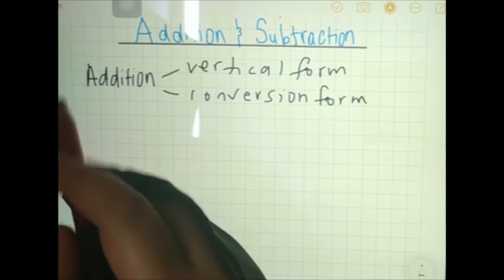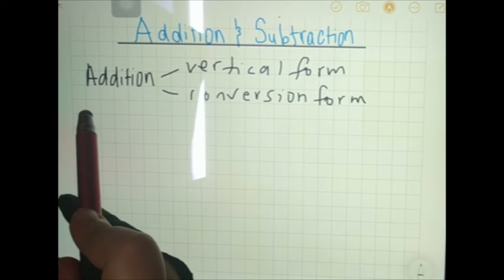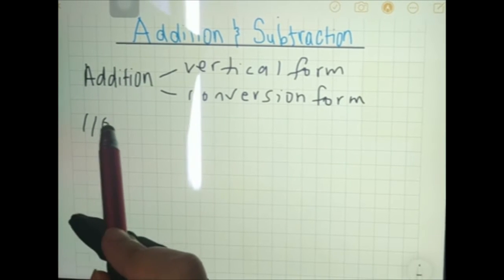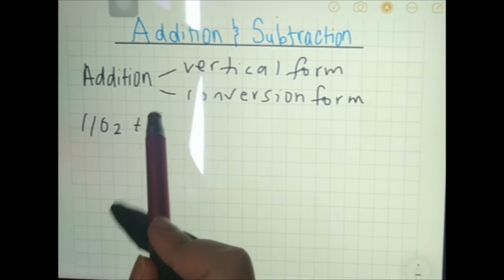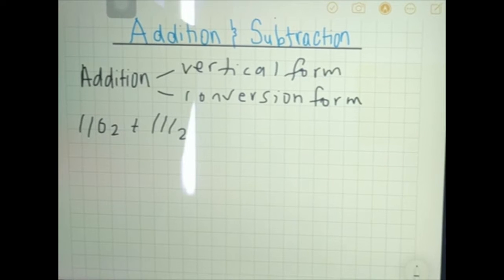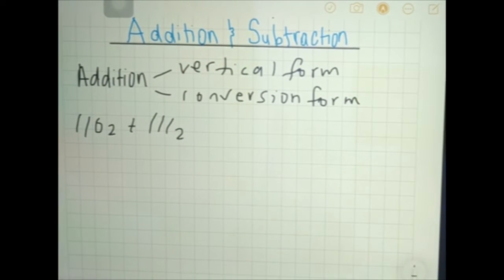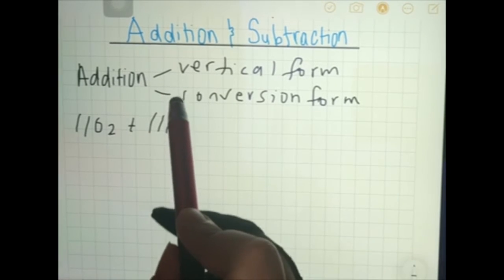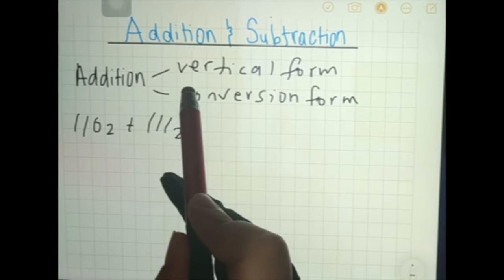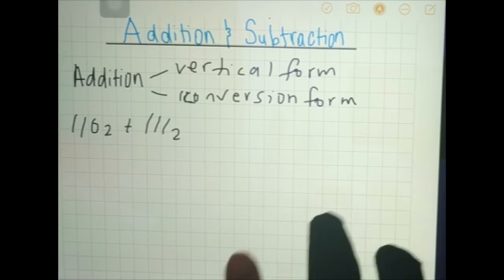So let's use this: 1, 1, 0 base 2 plus 1, 1, 1 base 2. Let me show you how to do it in vertical form, and then I will show you how to do it in conversion form.